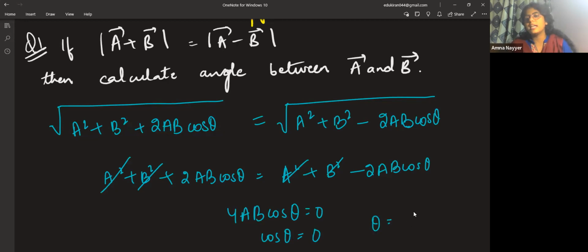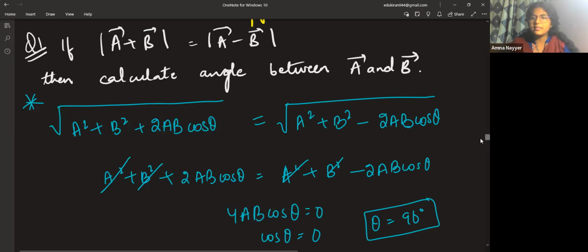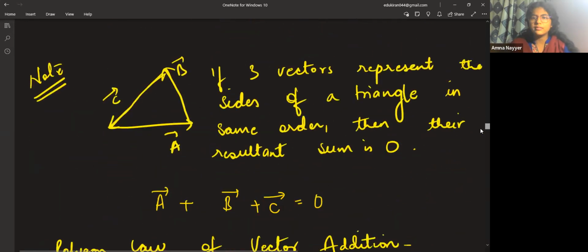So theta is 90 degrees. So this is the angle between A and B. This question is very important. It's a very easy question, but it has been repeating itself a lot. In every reference book, this question is present. And in the end, you will be able to remember the angle directly by yourself. All right. Complete this, then we'll start with resolution of vectors. Make a note from here.